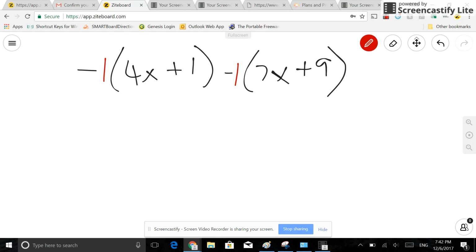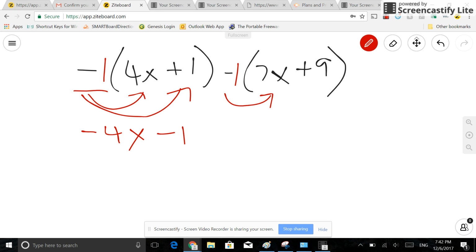Remember, anytime you have a minus next to a parenthesis, you want to pretend like there is an invisible 1 next to it. And then we can start distributing. So negative 1 times 4 x's gets you negative 4 x's. Negative 1 times a positive 1 gets you a negative 1. Now, when we distribute on this side, we have negative 1 times 7x, negative 7x's. Negative 1 times 9, negative 9.